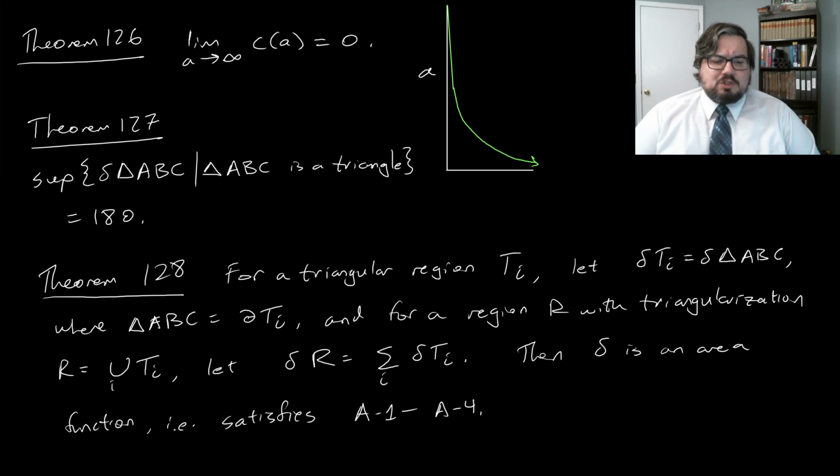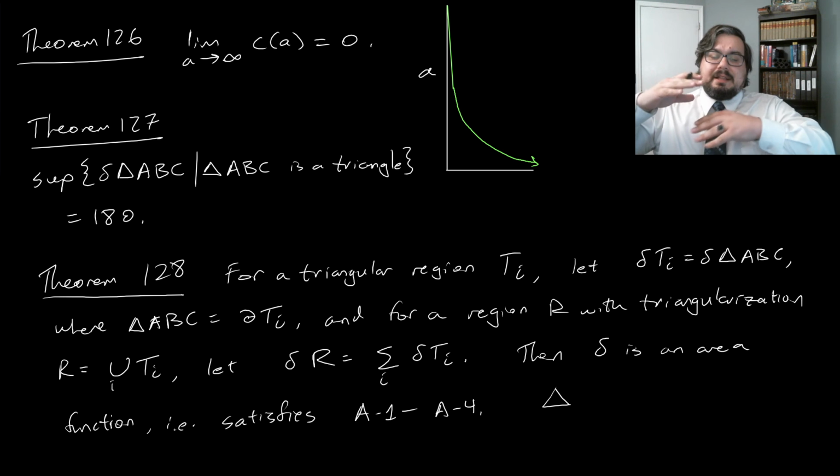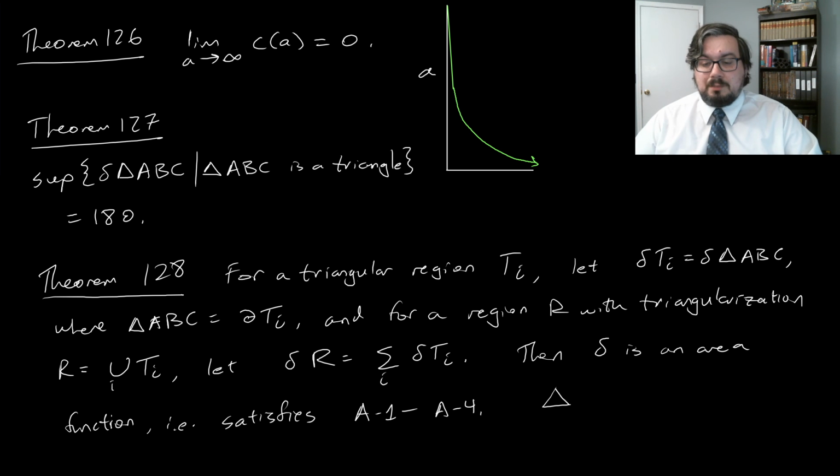Now, it's sort of a weird area function. It doesn't seem like it directly takes into account like the side lengths of the triangles, but it sort of indirectly takes it into account. As we mentioned before, if we have small triangles, then the sums of the angles inside are going to be very close to 180, so the defect's actually going to be small.